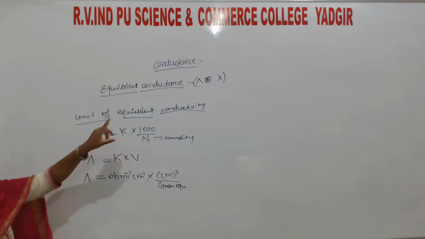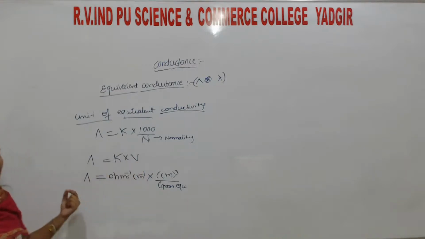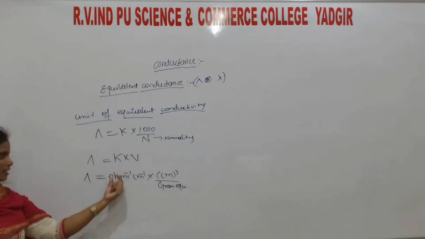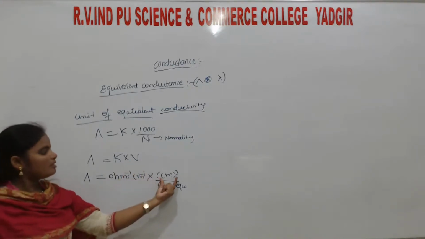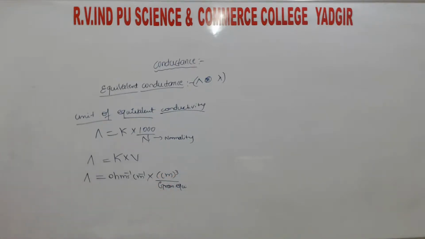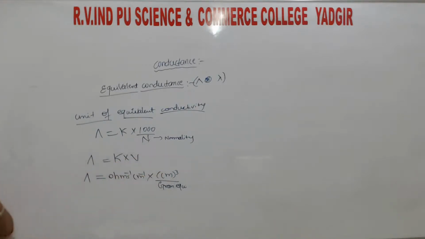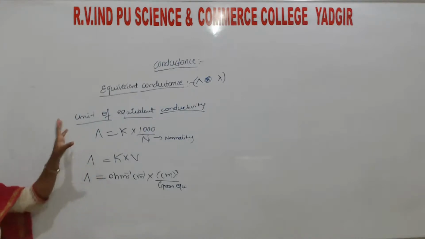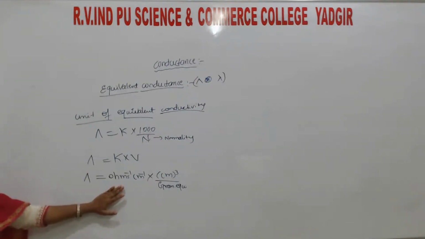The equivalent conductance is the product of the specific conductance and the volume of the electrolyte. For specific conductance the unit is per ohm per centimeter, and the volume unit is cubic centimeter divided by gram per equivalent. That is the normality, gram per equivalent.